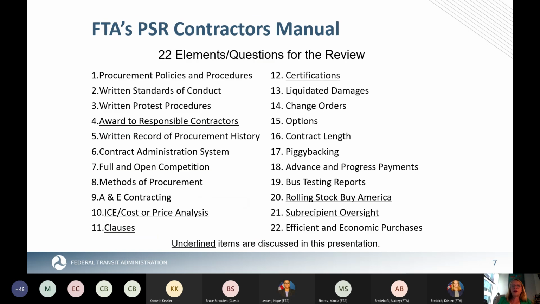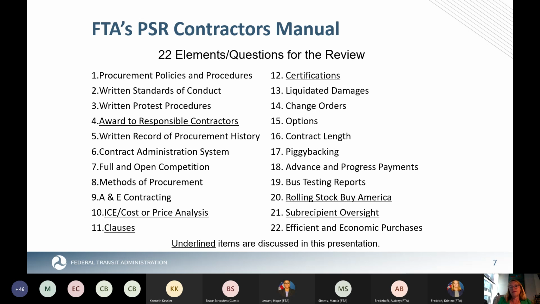So what does the PSR cover? There are 22 questions or elements of the review for a procurement system review, starting with number 1 being procurement policies and procedures and ending with number 22, efficient and economic purchases. The ones that we've underlined on this slide are the ones that we're going to focus on today.